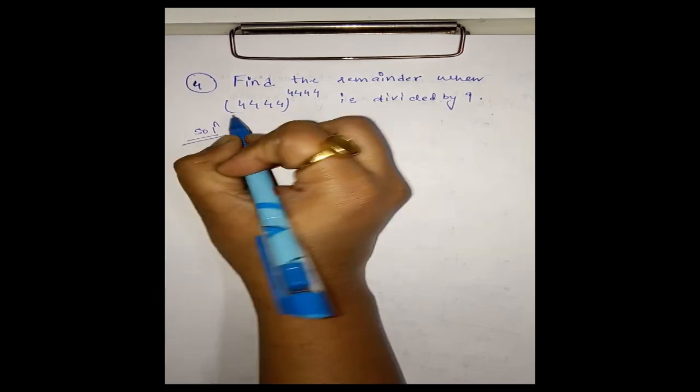On dividing this number by 9, we have to find the remainder.